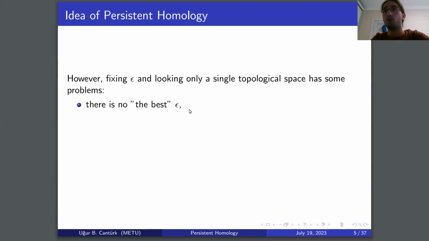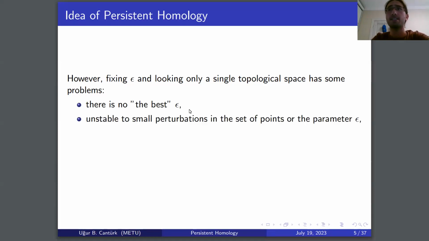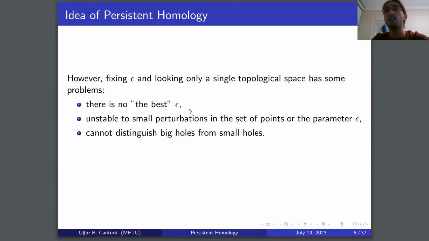There is no best epsilon, and we are not looking for that. Second, if you perturb your set of points or your scale parameter epsilon, the corresponding topological space will differ a lot. That's the main problem. And third, we cannot distinguish big holes and small holes from each other. Big and small means in terms of importance, let's say.